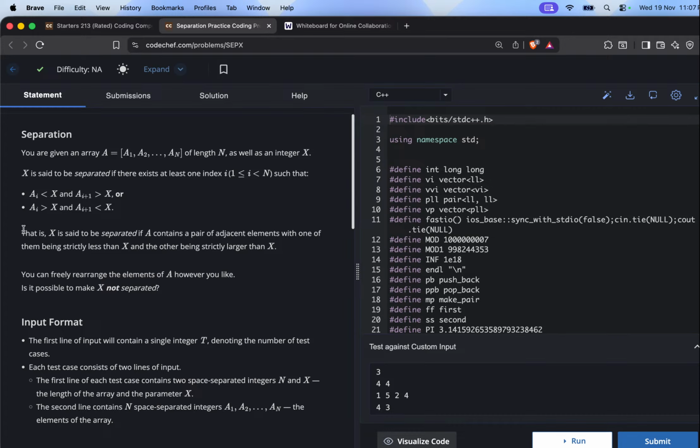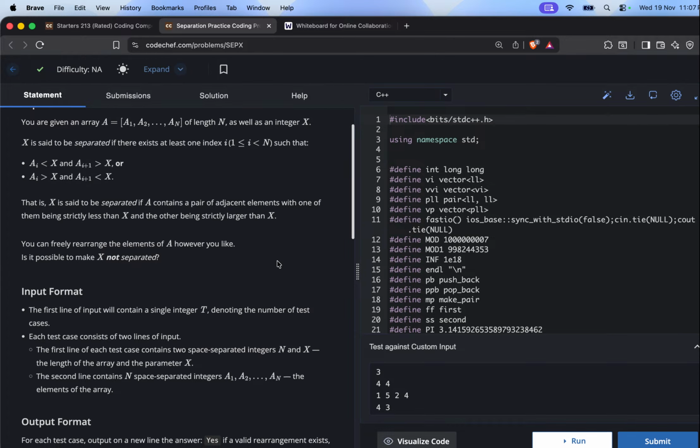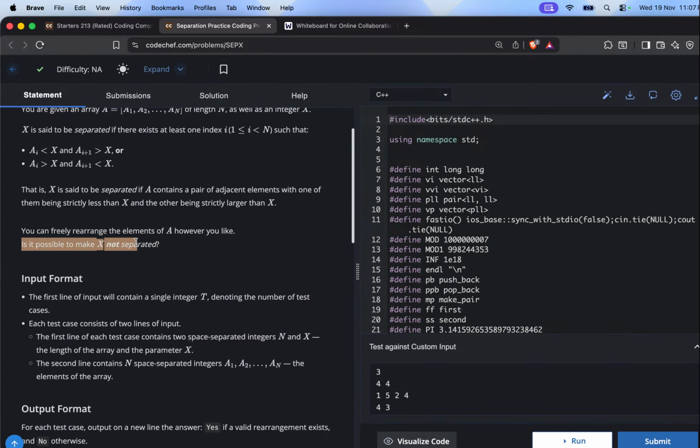That is, x is said to be separated if A consists of a pair of adjacent elements with one of them being strictly less than x and the other being strictly larger than x. You can freely rearrange the elements of A however you like. Is it possible to make x not separated?